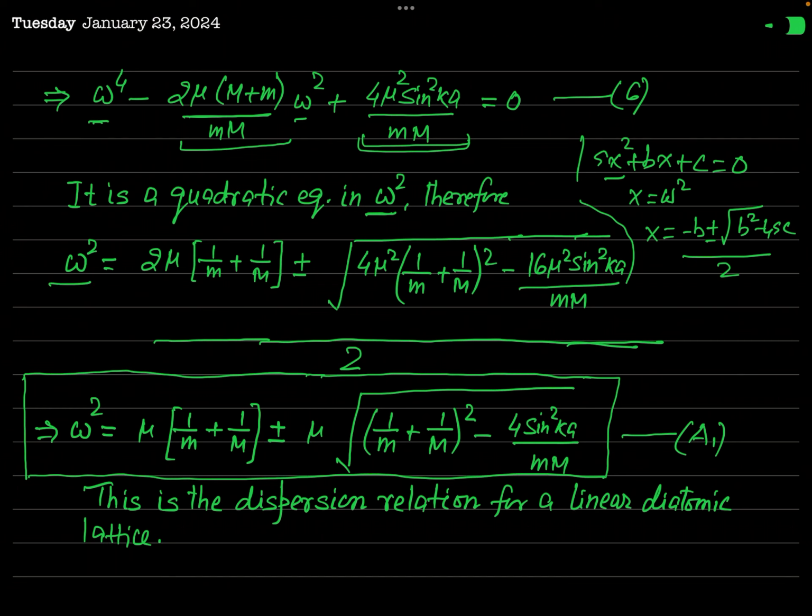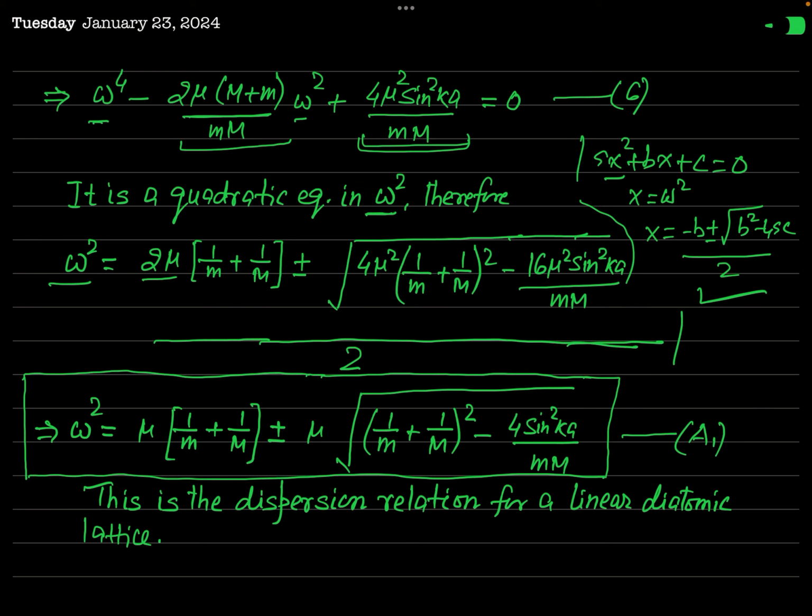So what will be omega square? Utilizing this formula of quadratic equation, you can see minus b, but b is minus 2 mu (M plus m) by Mm. Okay. So minus minus will become plus, so this is 2 mu.